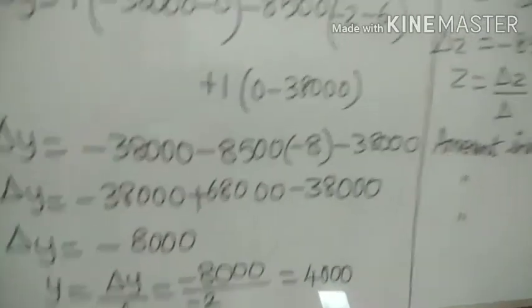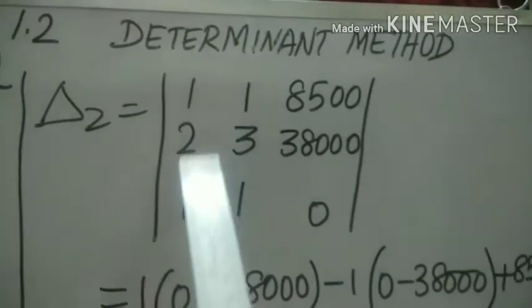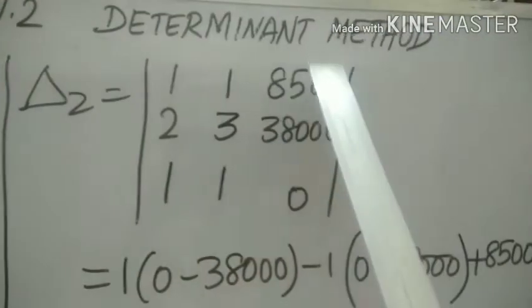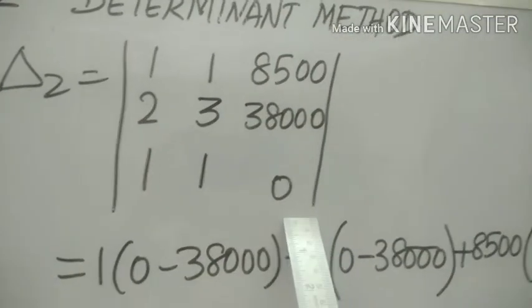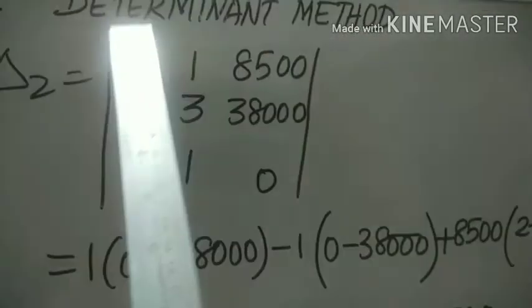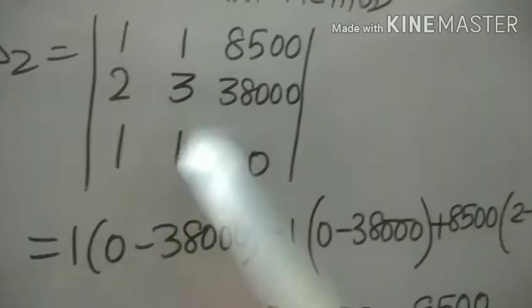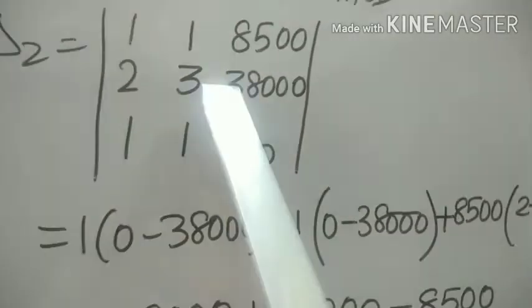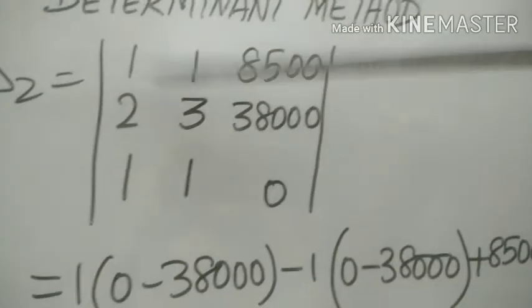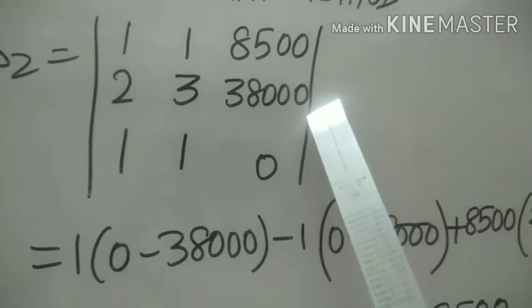And we proceed on to z, del Z. So, del Z, we copy X and Y as it is. Instead of Z, we have written the RHS. Expand it, plus, minus, plus. 1 into, hide the row, hide the column, 0 minus 38,000. Minus 1 into, hide the row, hide the column, 0 minus 38,000.